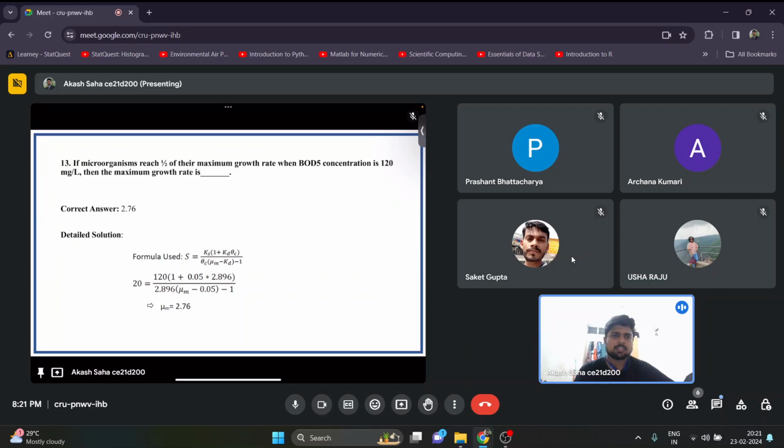So are you able to understand that when S value is equal to Ks value, that is 120 milligram per liter, my mu value will be equal to mu max by 2 as per Monod's equation. That is what it is saying in the question. So once we get the Ks value, the rest of the parameters are already known.